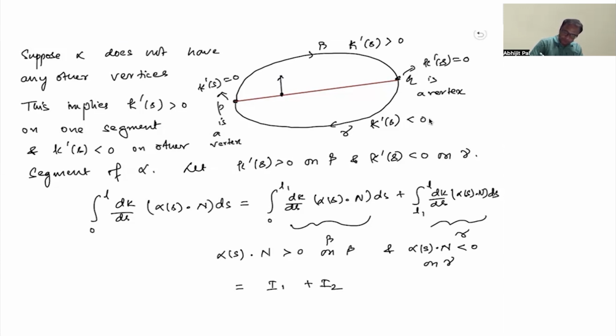Because the dot product on beta is 0 and the derivative of k on beta is 0, I1 is greater than 0 and I2 is also greater than 0. So this implies that this integral is greater than 0. Okay, so this is a contradiction.